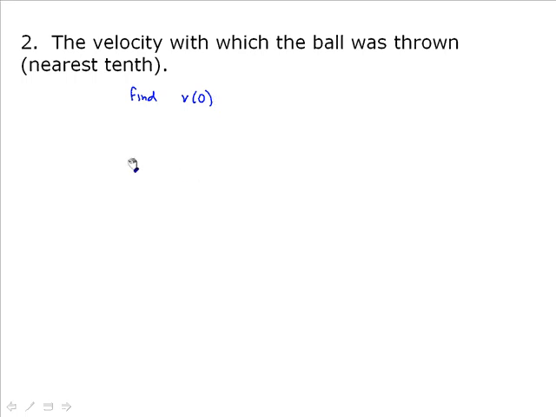In fact, this would have been a good question to answer first. Go back to the velocity formula, and that's negative 9.8 times t, which is 0, plus 19.6. So v(0), when you work it all out, is equal to 19.6.